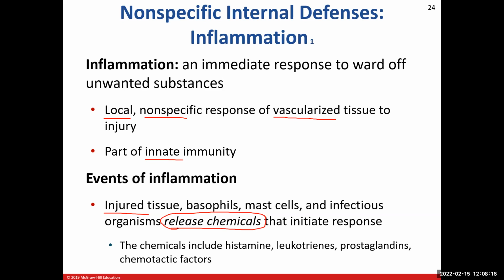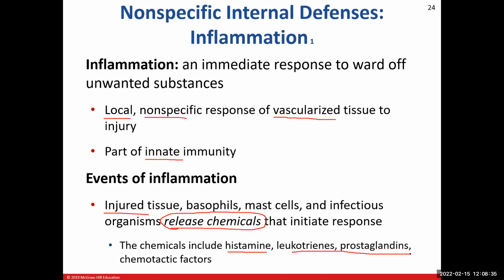So we already talked about what chemicals are going to be released. Histamine, mast cells and basophils are going to release the histamine to make the blood vessels leaky. Leukotrienes, prostaglandins, those are part of those eicosanoids that I was telling you about.